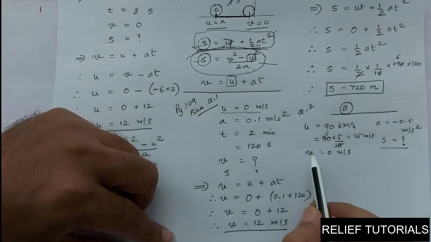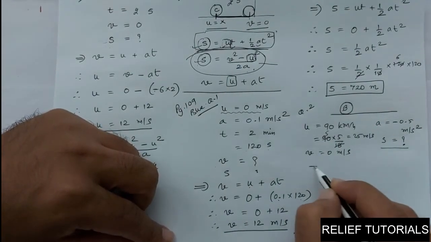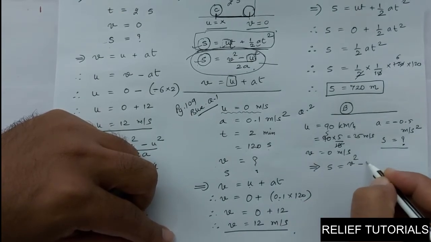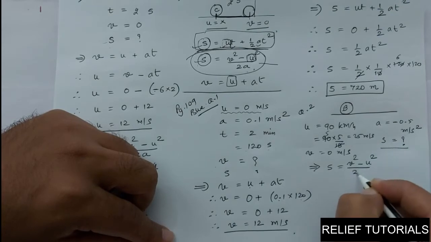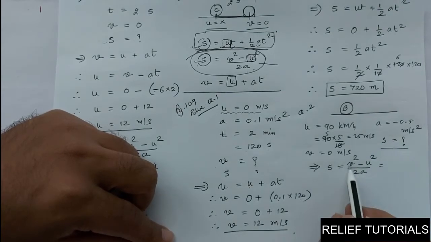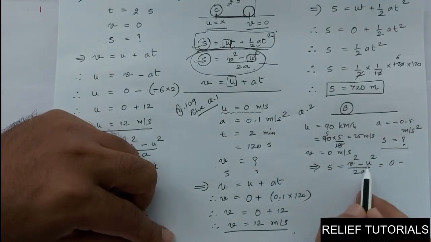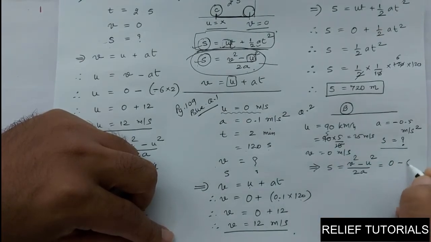So you have u, v and a. So I think the last formula of s is very easy to use. s is equal to v square minus u square by 2a. Put the values. v square means 0 square is 0. Minus u square is 25 square, 625, upon 2 into a. So 2 into minus 0.5.